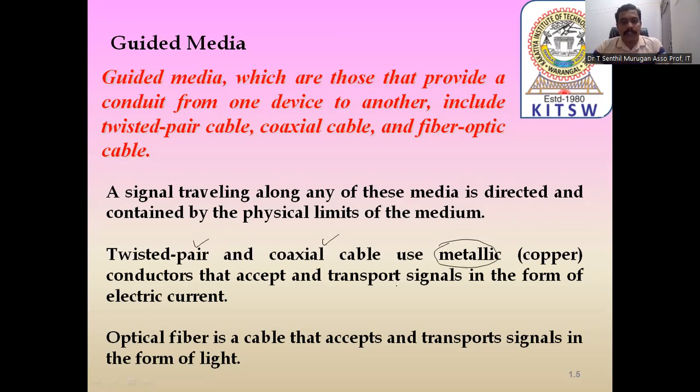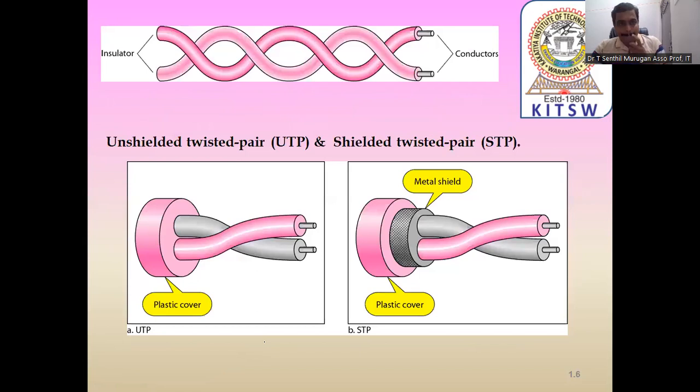They are used to transmit the signals from one device to another device, in the form of electric current. Optical fiber is a cable that accepts and transports the signal in the form of light. So there we pass electrical signals, here we pass light.